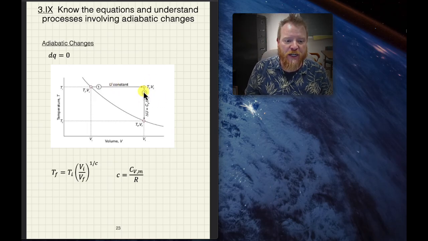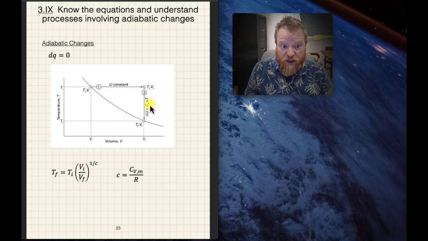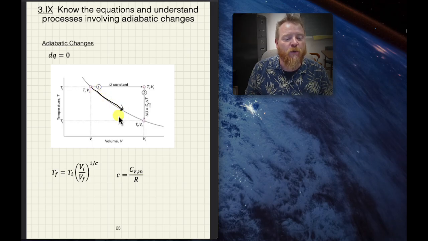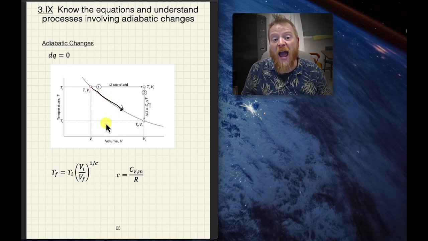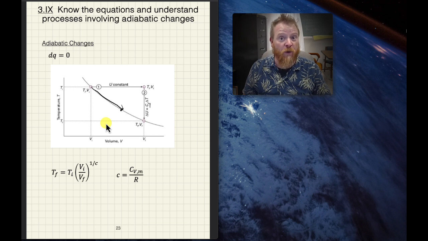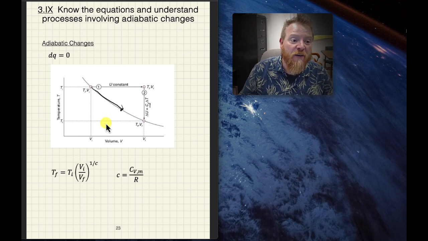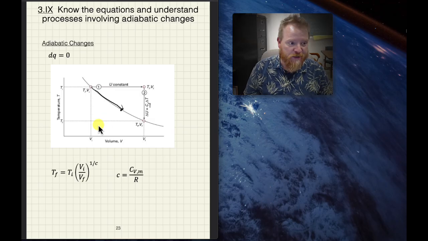However, if we're changing our temperature with a change in volume, then our internal energy does change, and it changes related to its heat capacity. So as we move down this curve, we recognize delta U has to be changing in order to fuel this expansion process, because there is no exchange of heat with system or surroundings.